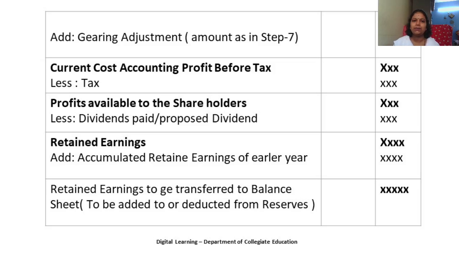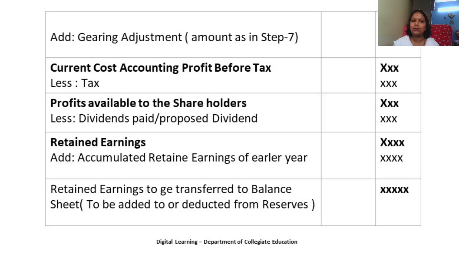Gearing adjustment, we already learned it now, isn't it? Gearing adjustment should be added. So once you add it, what you get is called current cost accounting profit before tax. From this amount you should minus tax, you will get profits available to the shareholders. From this you have to minus dividend paid or proposed dividend. What you get is called retained earnings.